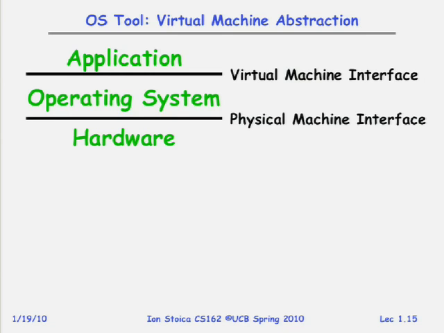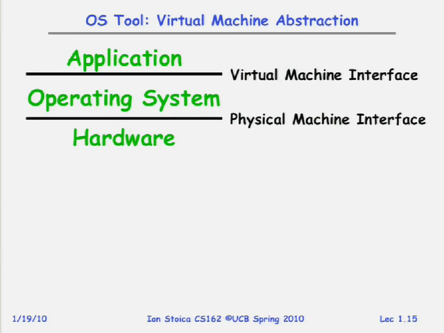So the operating system simplifies that. It decouples the application from the hardware. The operating system provides to the application an interface which abstracts away the differences in the hardware. What is the advantage of that?